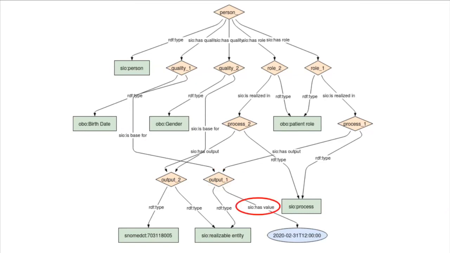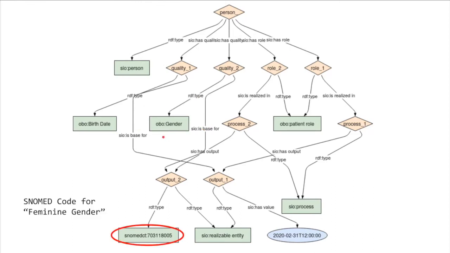And the output has a value of the date of birth. There's another quality, quality 2, called gender, which is the basis for this output here, output 2, which is of type, and this is the SNOMED code, again in an ontology, for feminine gender.